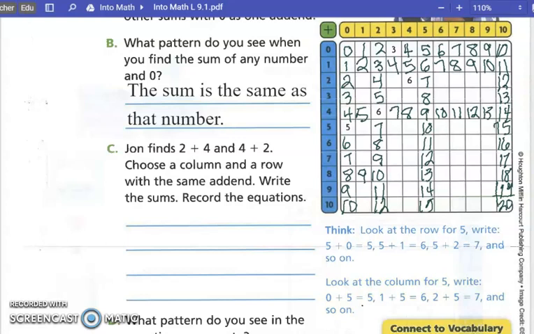So 6 plus 1 is 7. 3 plus 6 is, 6 plus 4 is, 6 plus 6 is, 7 plus 6 is, 8 plus 6 is, and 9 plus 6 is.